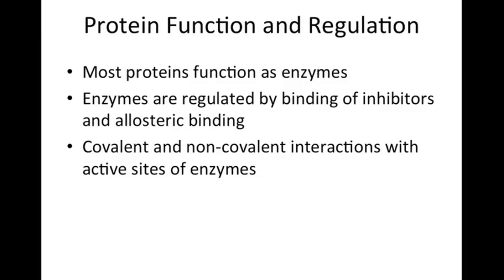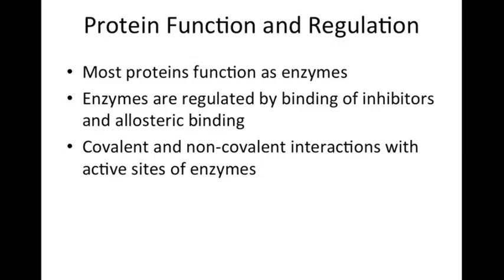Protein function and regulation. Most proteins function as enzymes. And protein activity can also be controlled by the binding of effector molecules, which often work by inducing conformational changes that produce active forms of the proteins.